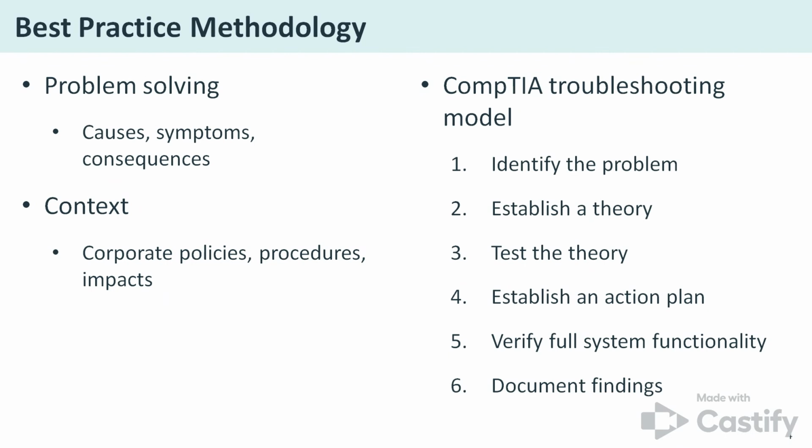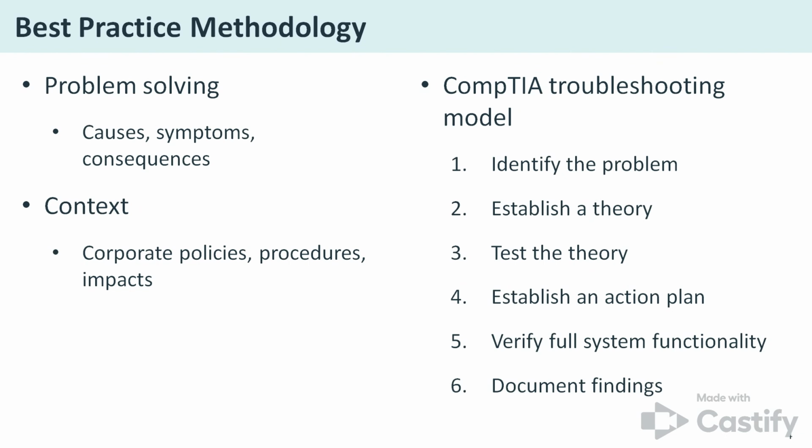In other words, there are also corporate policies, procedures and impacts. Some companies have their own procedures and corporate policies that you must adhere to when you troubleshoot systems. This model is for CompTIA.